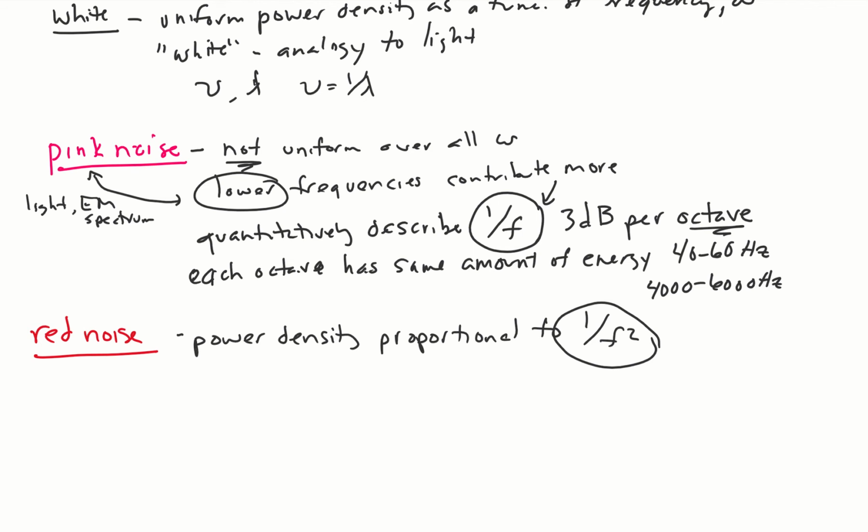This is sometimes also referred to as brown noise as well. And it's referred to as brown noise because you'll see this 1 over F squared be related to Brownian motion.